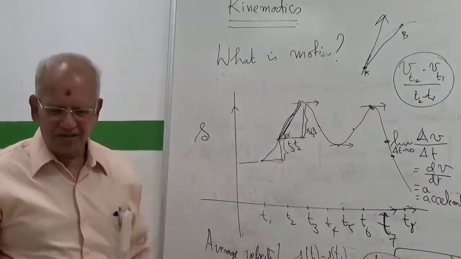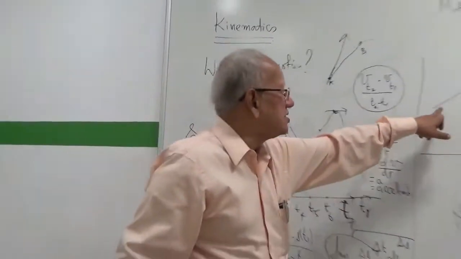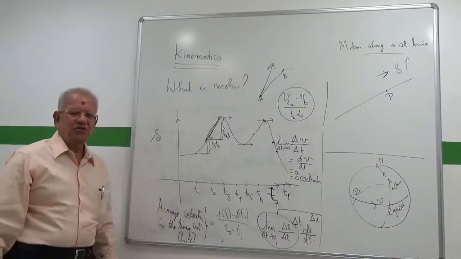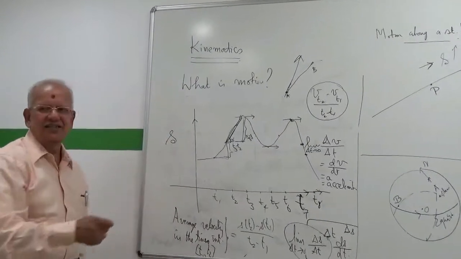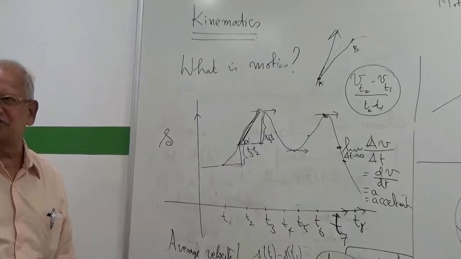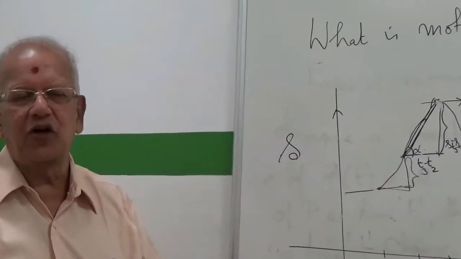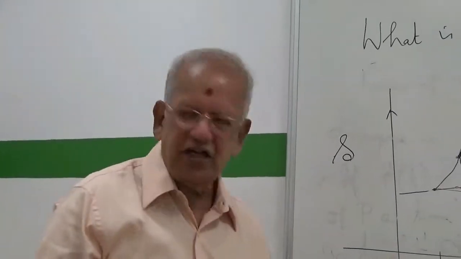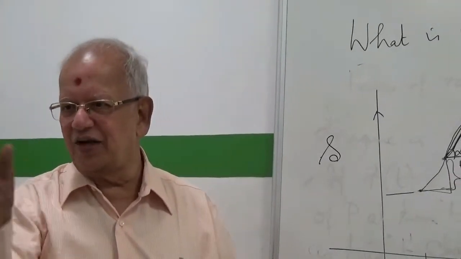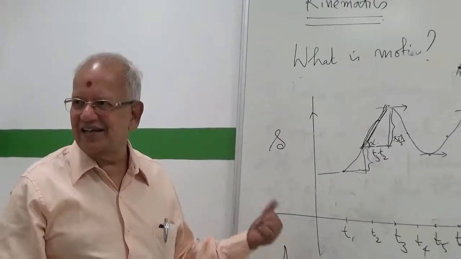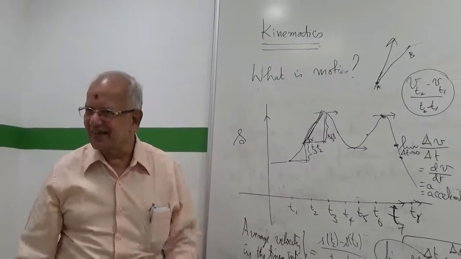But to fix things, maybe I require some origin. Then you should look at the velocity at the origin, that is at t equal to 0, which is the initial velocity, and so on. But to speak of the instantaneous velocity or the average velocity, we require only the intervals, isn't it? So it doesn't matter where that origin is.